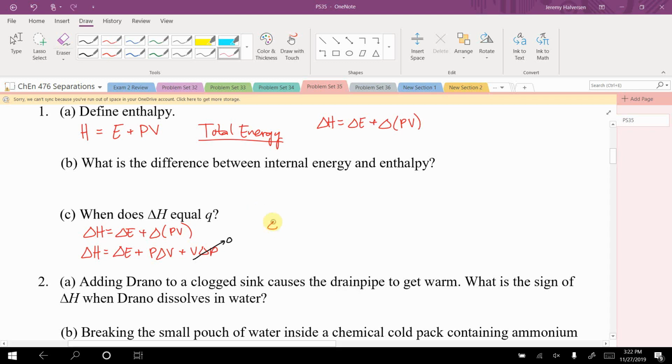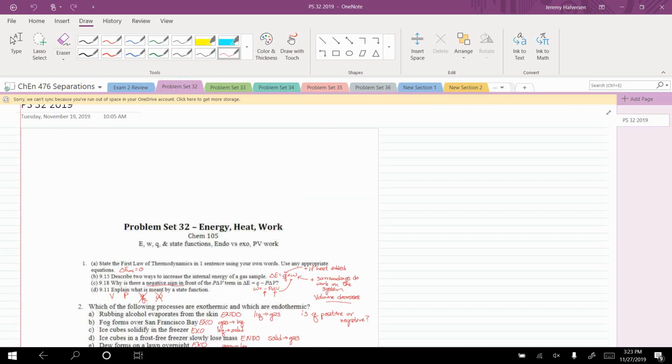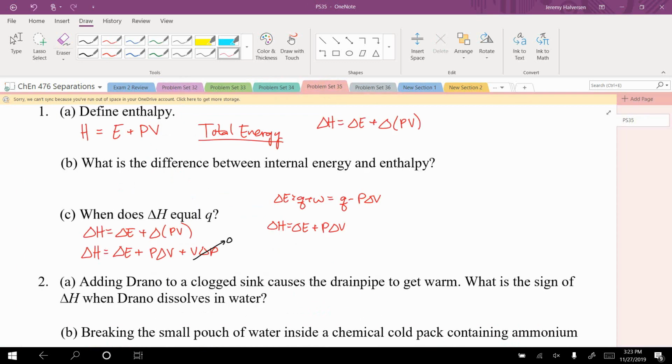So that leaves me with delta H equals delta E plus P delta V. And then I know that delta E equals Q plus W. And I also know that W equals negative P delta V. If you're confused about that, you can go back and look at videos about work, problem set 32, where we talked about that. So energy is Q plus W, which is the same as Q minus P delta V.